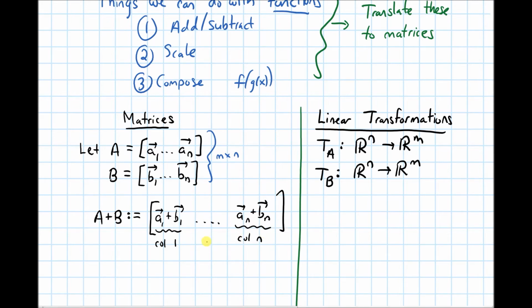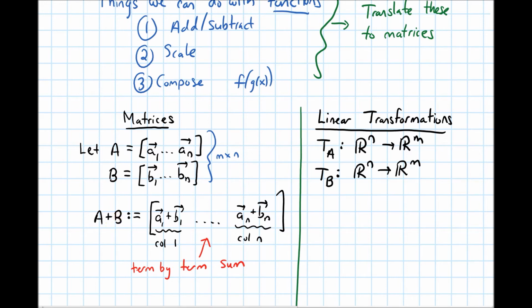Writing this another way, when we add two matrices we do a term by term sum. We'll see what that looks like in an example in just a couple of minutes.